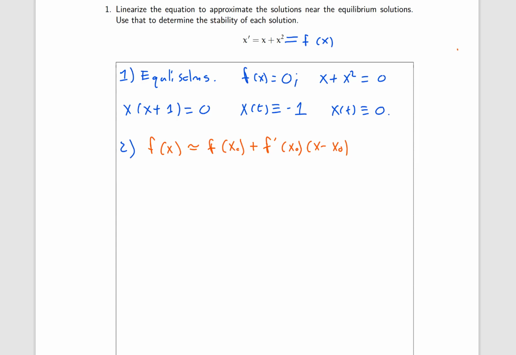Okay, so that's what we're going to use. Now we're picking particular x naughts where that first term is equal to 0. So if f of x naught is equal to 0, then this just reads f of x is approximately equal to f prime of x naught times x minus x naught.